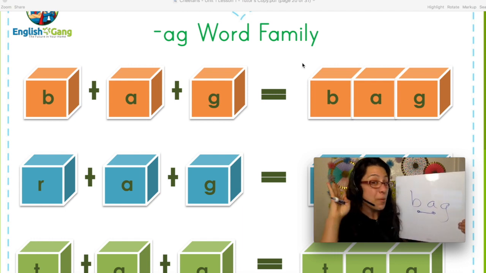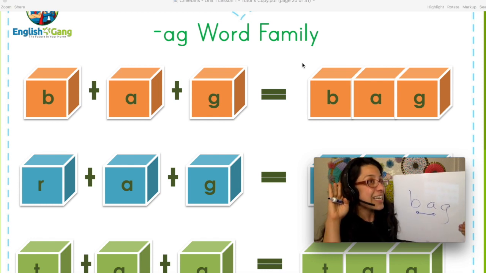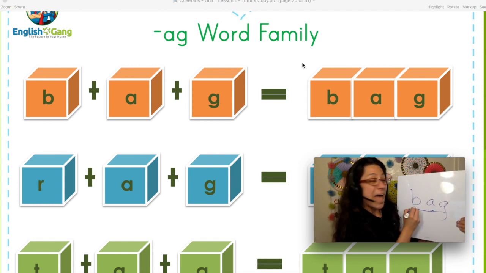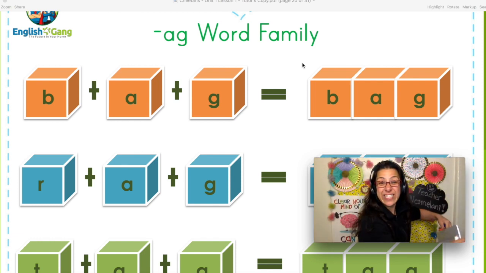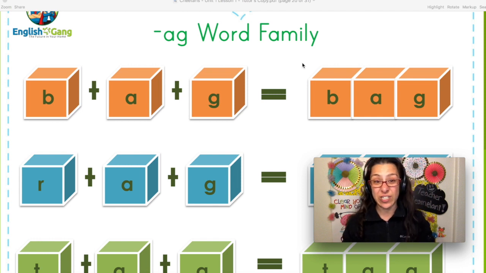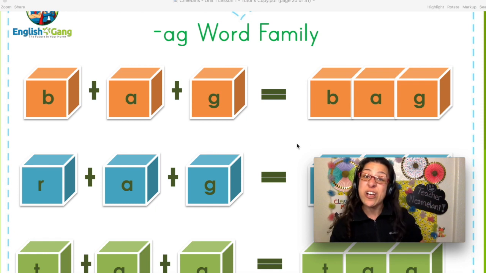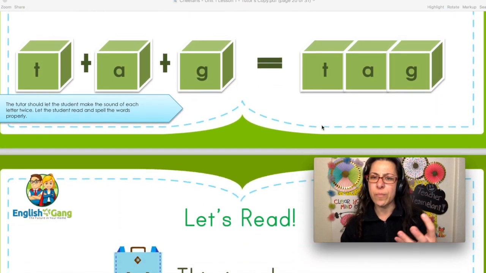Good. And you have them repeat, cup your ear, g, g, g, bag. And so this is blending. This is a great tool to facilitate learning how to read, especially basic words like this. And so I would encourage you to use your whiteboard and to blend like that for any of these words.